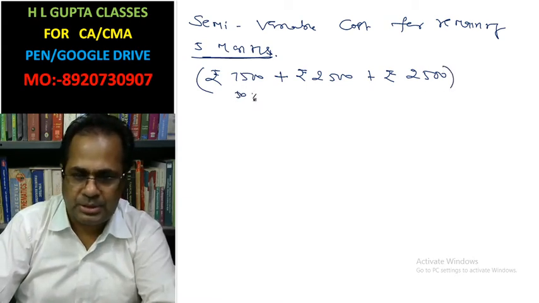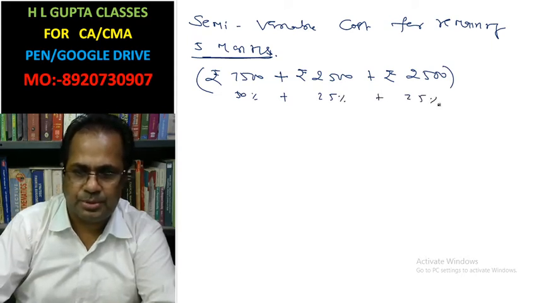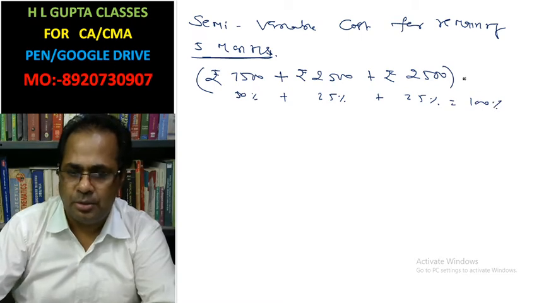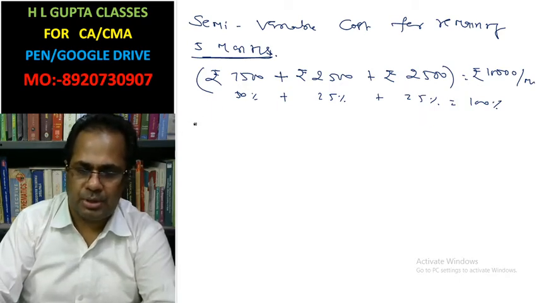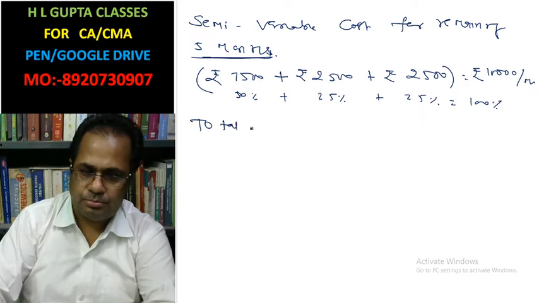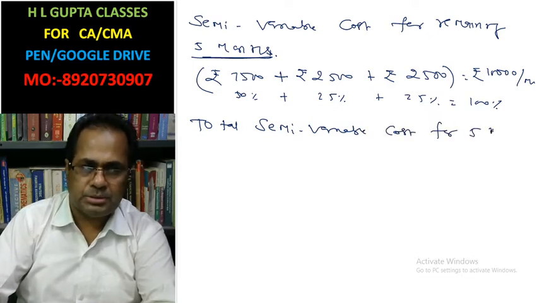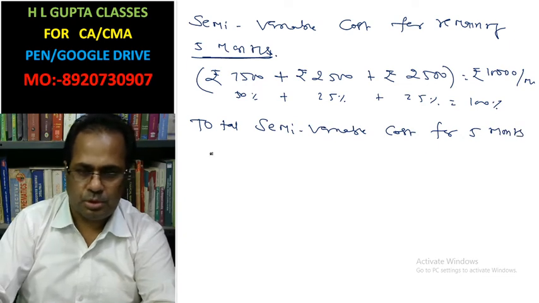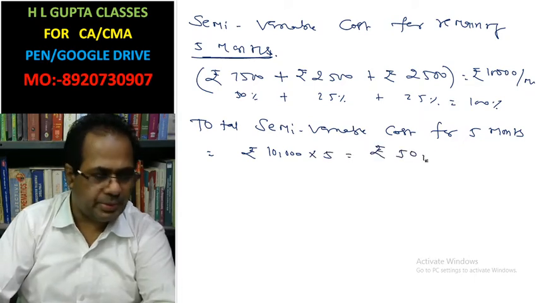That is rupees 10,000 per month at 100%. Total semi-variable cost for 5 months is 10,000 into 5, rupees 50,000.